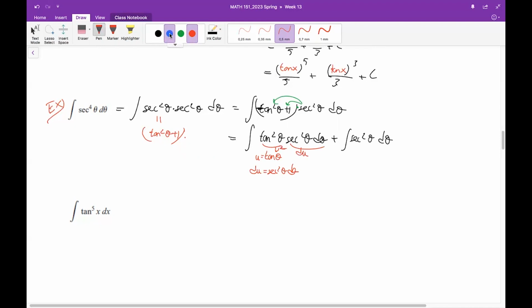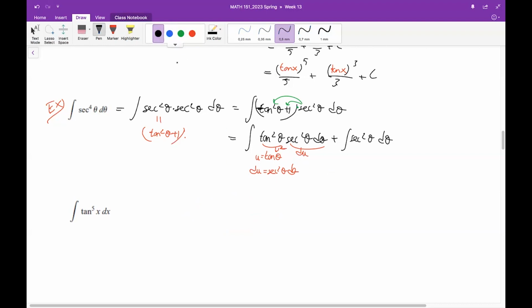Can you understand that no matter how high power you have for the tangent function, as long as you have secant square theta d theta near it, this serves as du, and this is u to the power 100. I mean, this always works. As long as you have secant square theta d theta near the tangent function, the power doesn't matter. This substitution is always working. Okay, this is u square du.